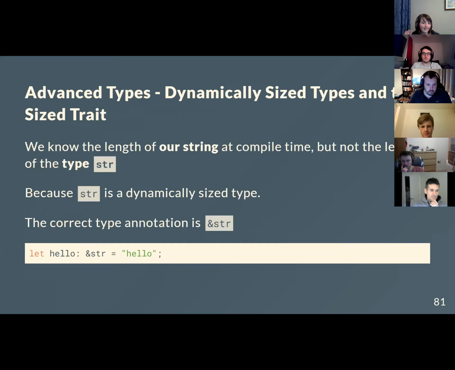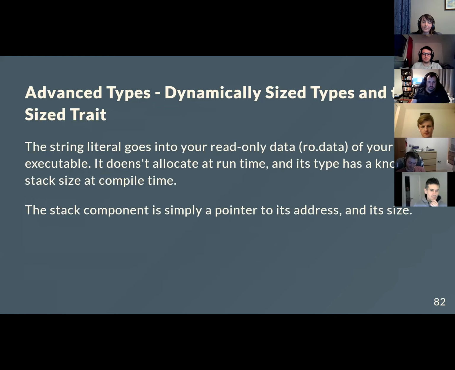That's because str is a dynamically sized type. So the correct annotation is a ref str, or a string slice, which looks like this: let hello, ref str, equal "hello". Where that is stored is in the read-only data of your application. It's not allocating on the heap and it's not being stored on the stack.